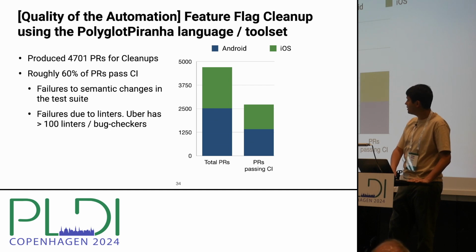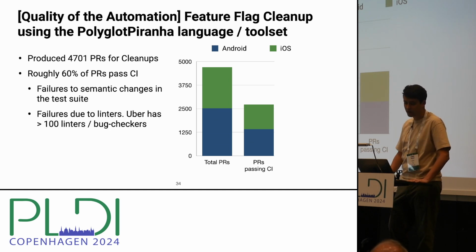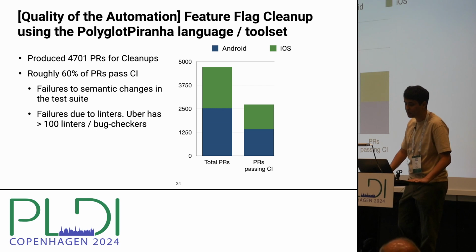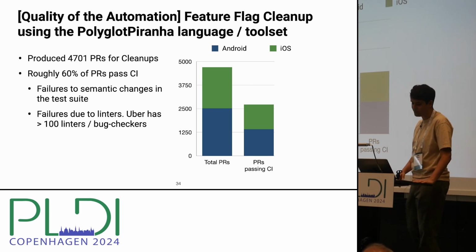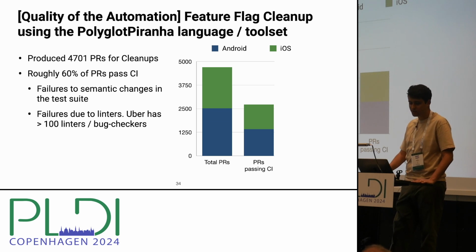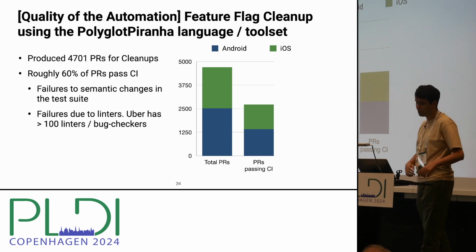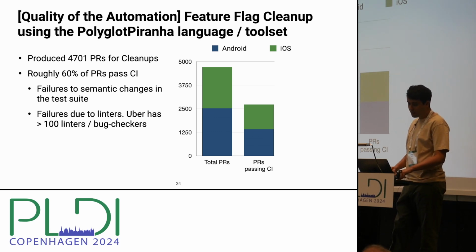And the other big reason for the PRs to fail CI is linters. Uber uses a lot of linters, and if you don't exactly follow the guidelines, the CI will not let you land your PR. And so roughly, you can see 2,600 PRs passing CI.